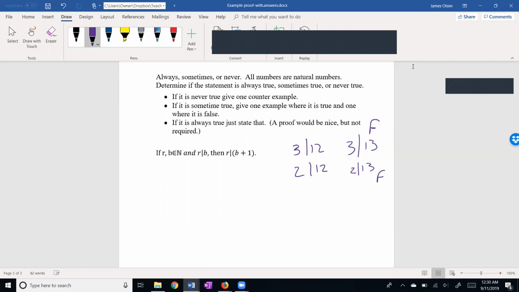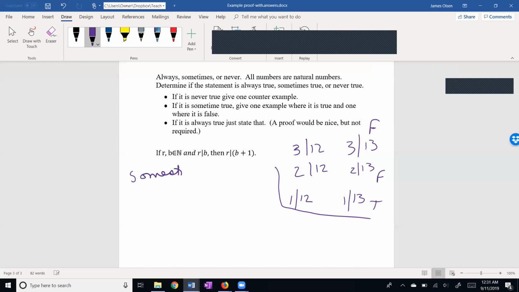So now we start looking for extreme examples like the number 1. Let's say that R is 1. 1 divides 12. Is it also the case that 1 divides 13? Yes, this is true. So this statement is sometimes true. So this is kind of my scratch work, and now I'm going to write up my answer.